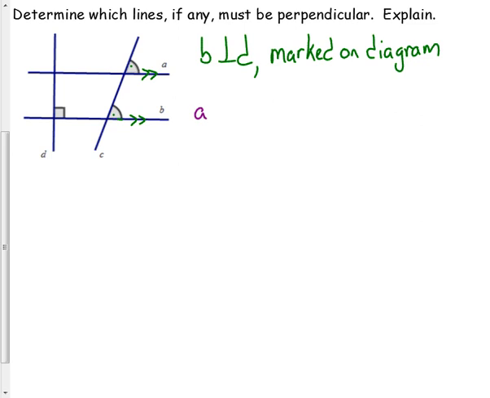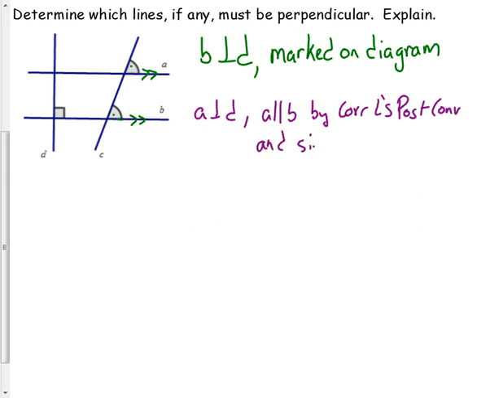So A is perpendicular to D. And explain, A is parallel to B by the corresponding angles postulate converse.